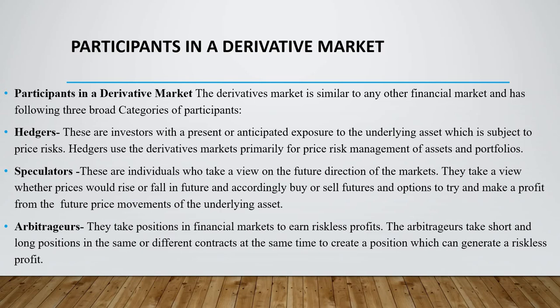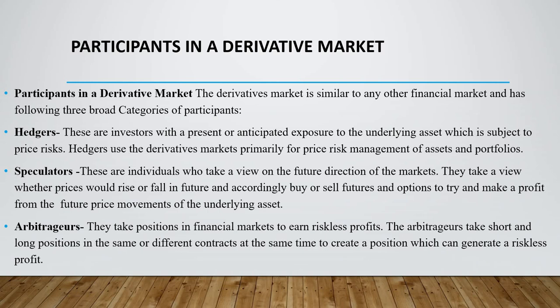According to that tendency they come into a transaction whether to buy or sell. अगर फ्यूचर में प्राइसेस राइज हो रहे हैं, अभी बाय करना है, फ्यूचर में सेल करना है. In the future, if prices are going to fall, then they will sell more and more because in the future price may go down. So speculators are more future direction oriented, and they take decisions according to future tendencies.